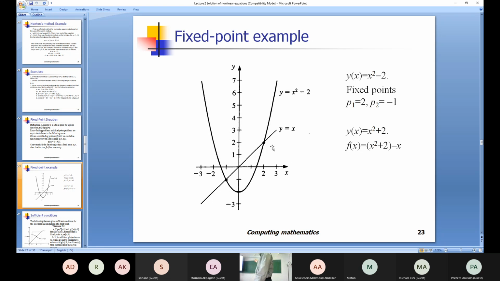Well, on this example again, let me explain the connection between a root finding problem and a fixed point problem. Let's consider again the first function, y of x equals x squared minus 2.